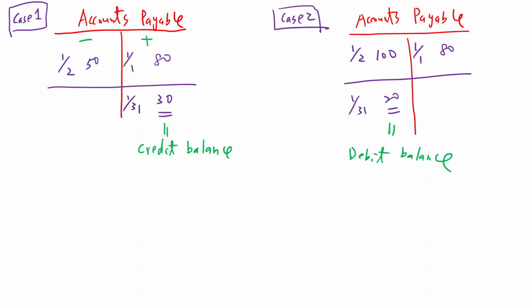First day, you have the liability $80. Next day, pay $50. So you pay the debt, you pay the liability, pay the money back. So your liability decreases $50. So in the end, $30, what does it mean? You still owe the money, $30.